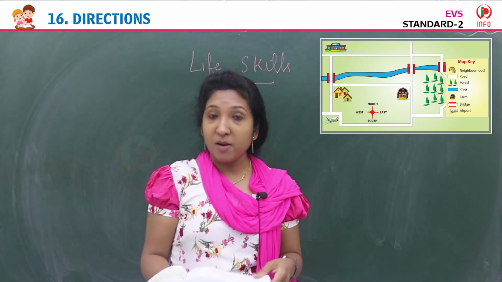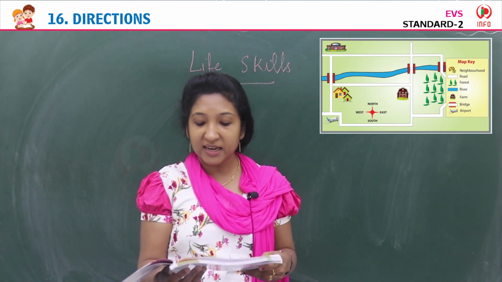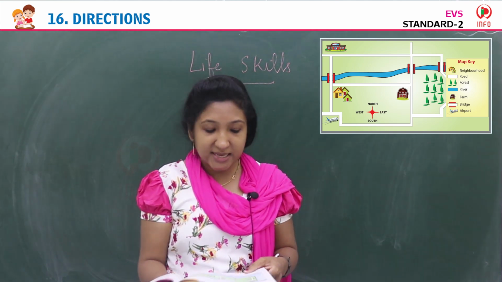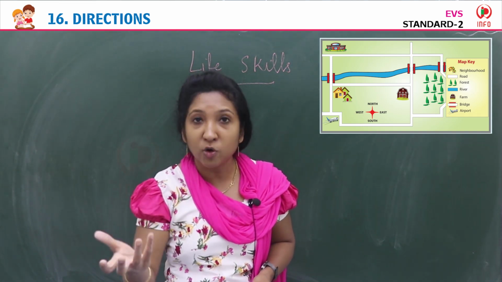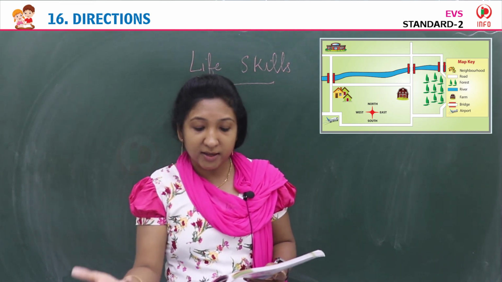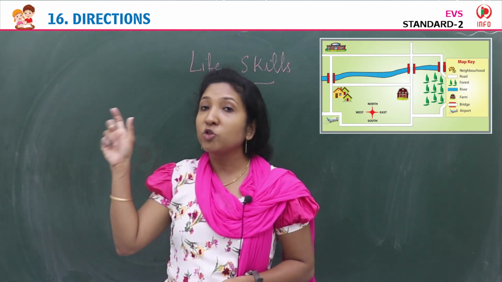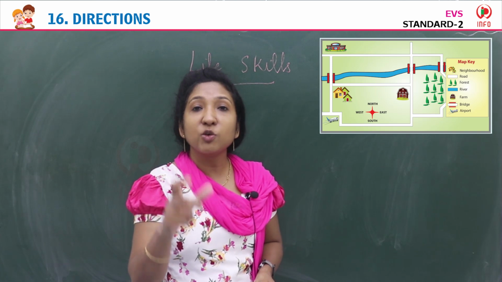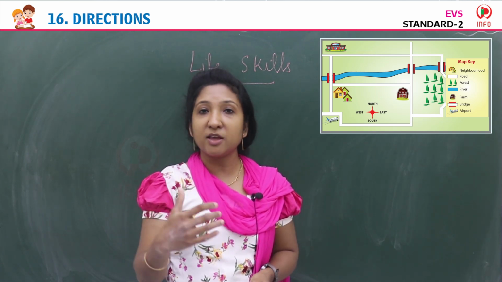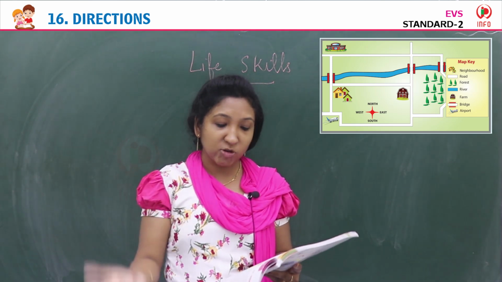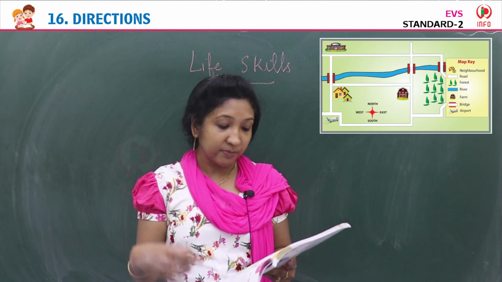Symbols can be small pictures, letters, lines or colored areas to show features. Maps always use symbols to show the school or the bridge, airport, road, whatever is there on the map, and different colors also.